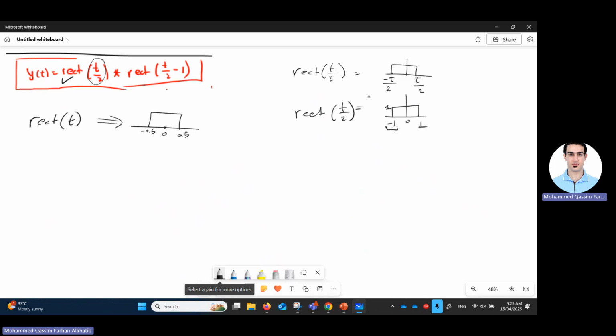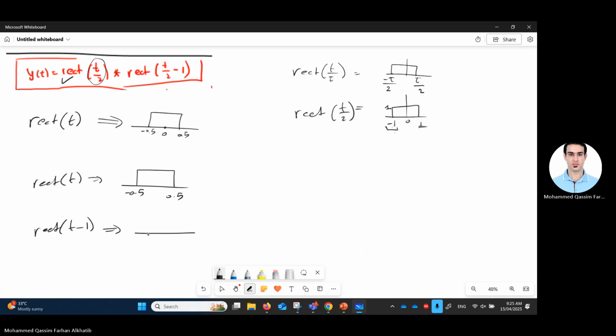We said that we shift, then we scale. So I have rect of t, it's going to be this one, negative 0.5 to 0.5. Now, rect of t minus 1 is going to be what? 0.5 to 1.5.